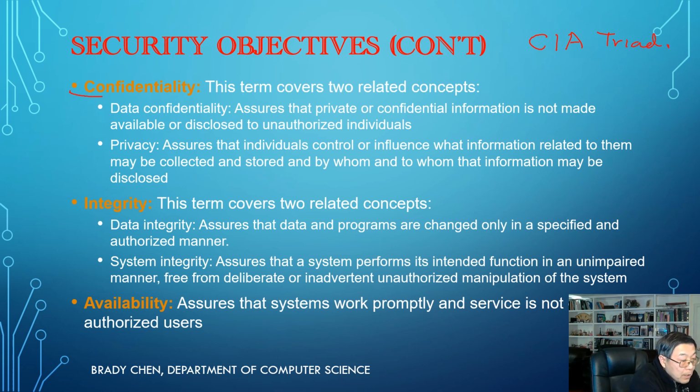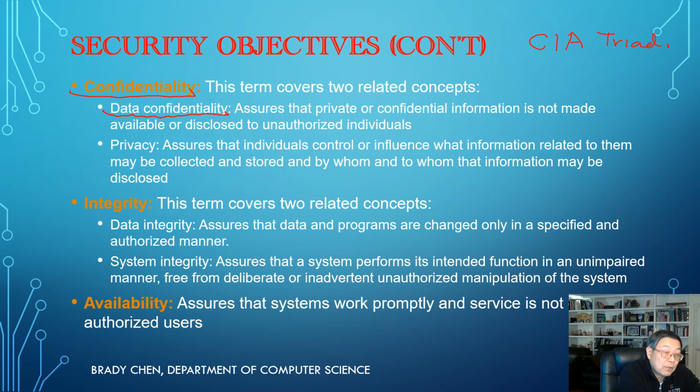The first one is confidentiality. This term covers two related concepts. The first is data confidentiality. It assures that private or confidential information is not made available or disclosed to unauthorized individuals.